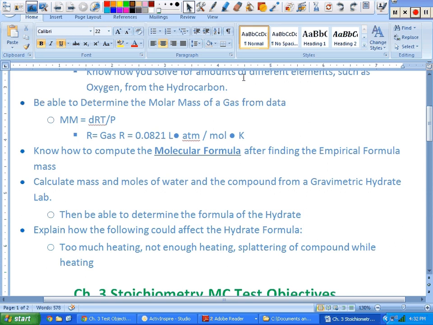All good cats put dirt over their pee. Here's how you'll know when to use this. What does D stand for? Not dirt. It stands for density. So, if they ask you for something about a molar mass and you see a density, it's the dirt over P.